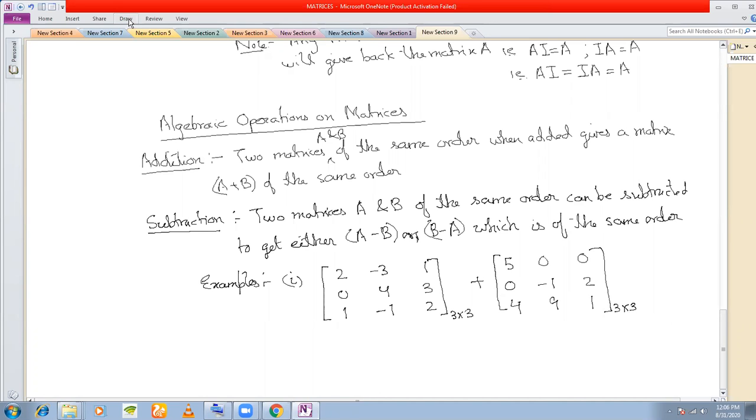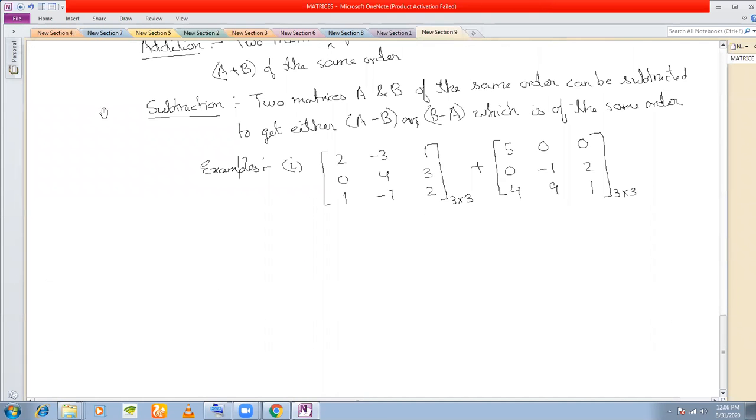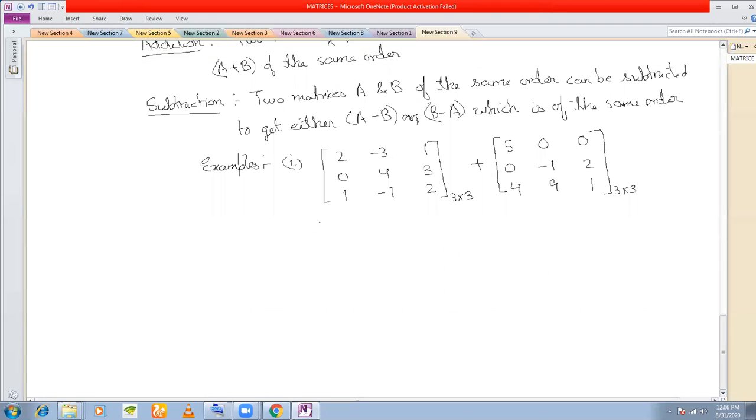When I add these two matrices, what I want to do is add the corresponding elements. See that 4 plus of minus 1, which is 4 minus 2 simply.